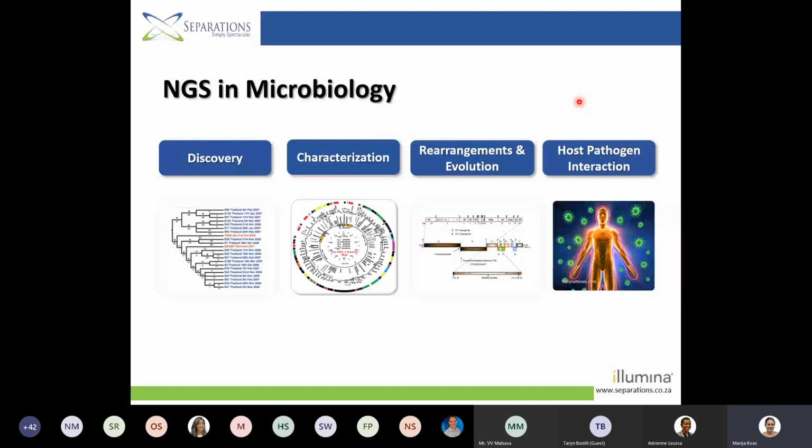So these are four main applications that you can do with NGS when it comes to microbiology, and obviously larger organisms. If you're interested in any plant or animal genomes, you can also look at characterization and host pathogen interactions if you're looking at infectious diseases of plants and animals.